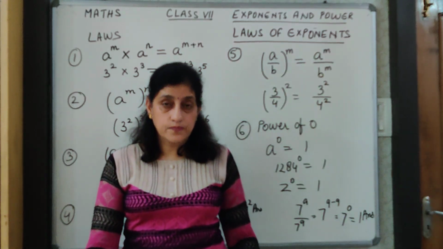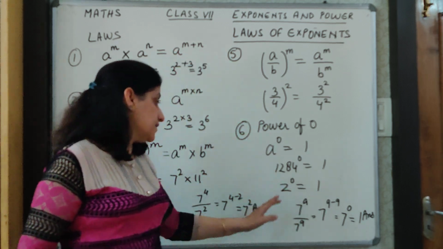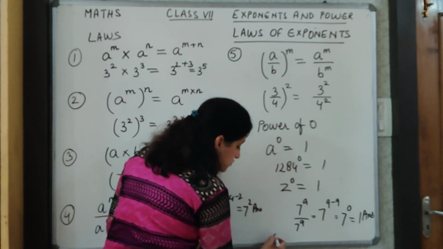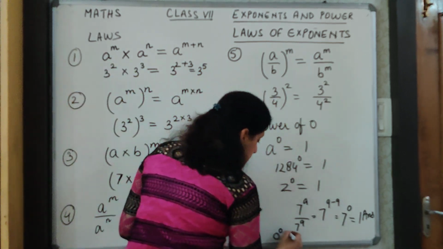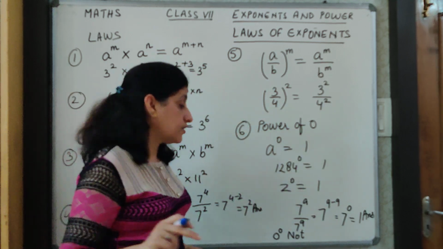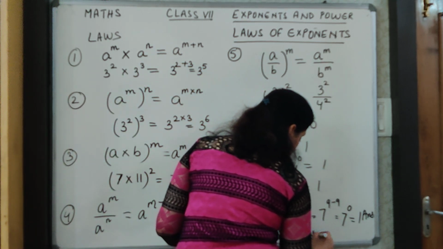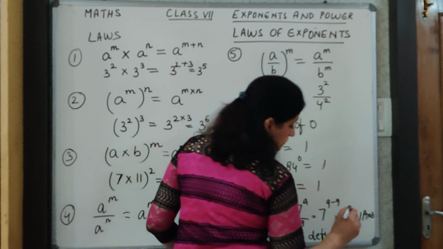Yes, is it clear? And lastly, I would like to say in this context only, if I have 0 to the power of 0, 0 to the power of 0 is not defined. Just like division by 0 is not defined, so 0 to the power of 0 is also not defined.